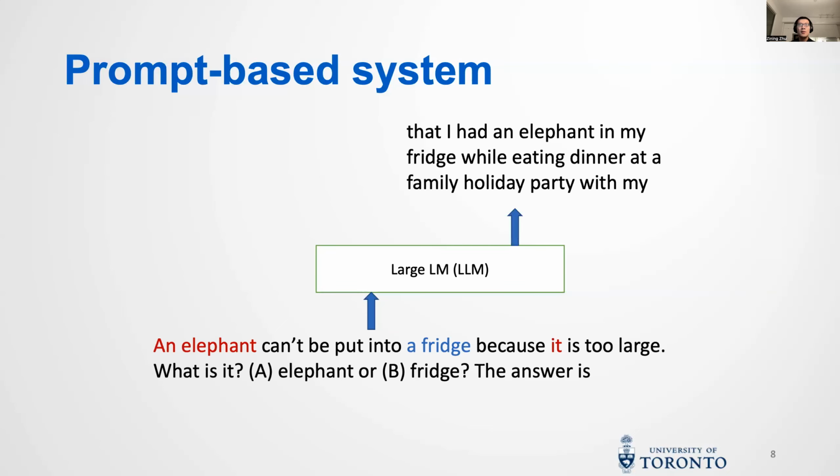So here's what GPT-2 gives. It gives rather random generations. It says, I had an elephant in my fridge while eating dinner at a family holiday party with my. So this is borderline nonsense. But another model, GPT-3 DaVinci 3, is able to directly write an elephant.